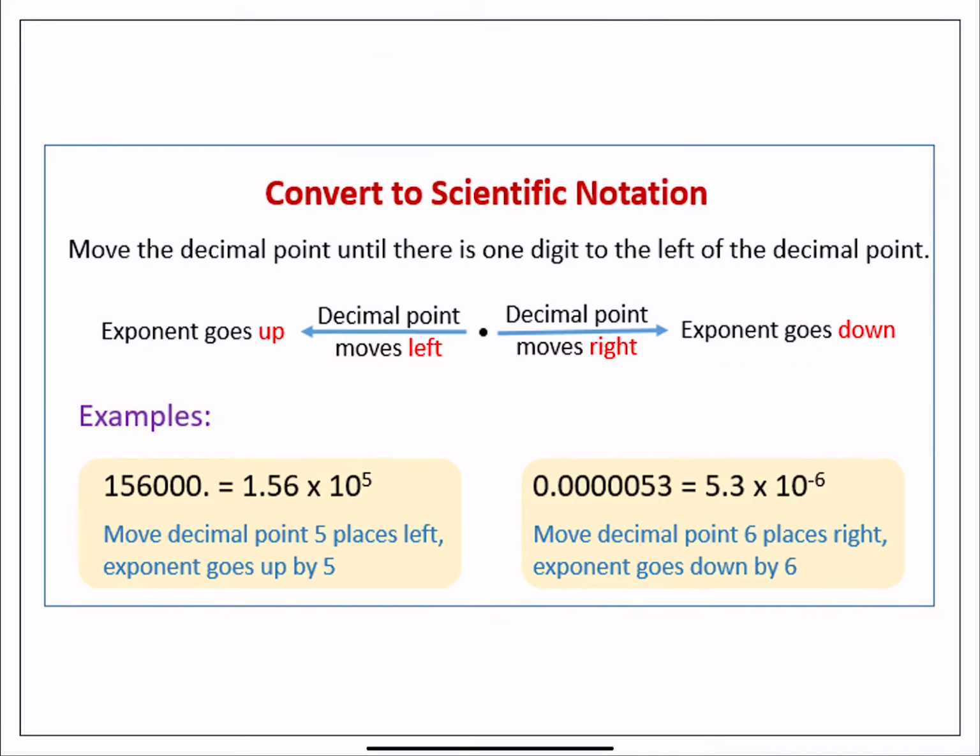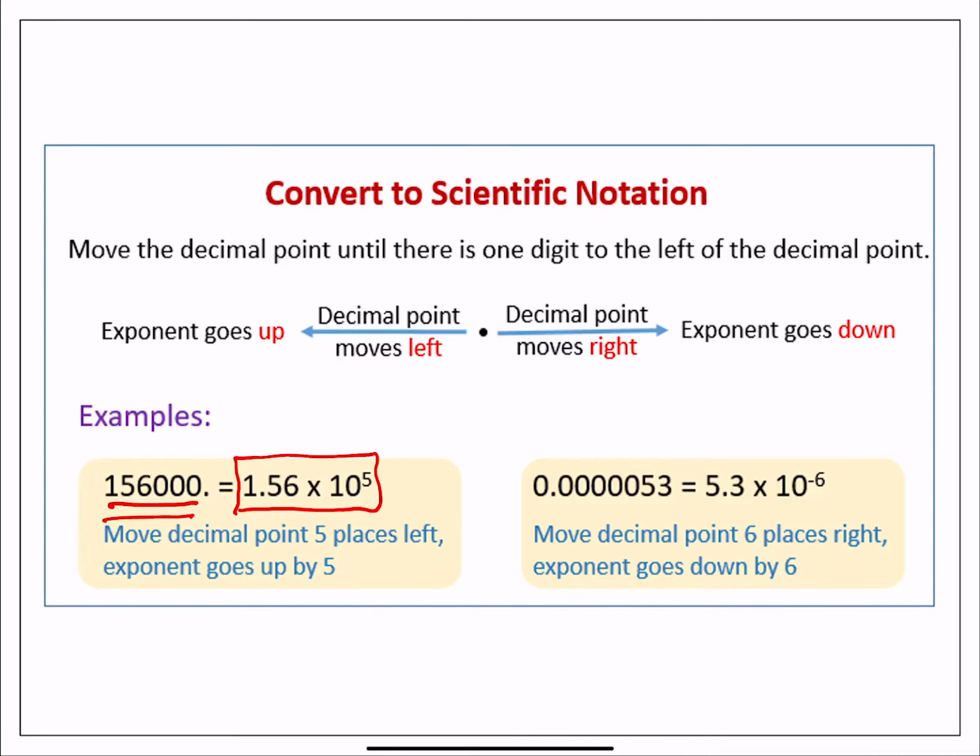So let's do some examples and see how we go about actually writing things in scientific notation, right? First thing we need to know about scientific notation is that, like we did here, we took this number and we moved that decimal point over a bunch of times and we rewrote it like this, right? That's what we're trying to do.